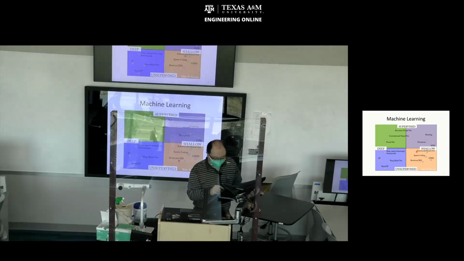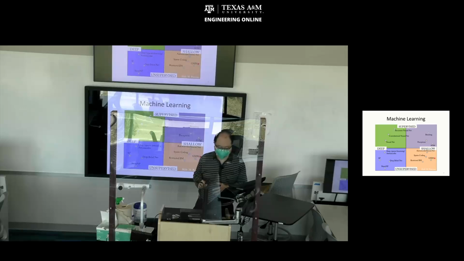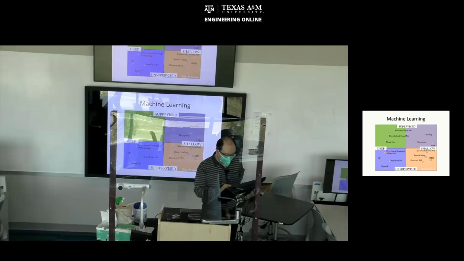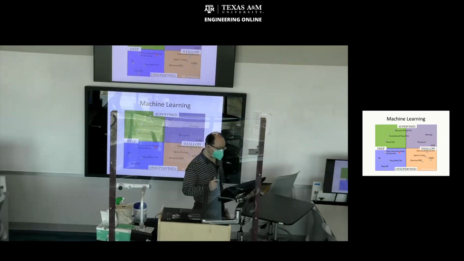Or the shallow autoencoders, or the Gaussian mixture modeling, right? So those are shallow, unsupervised models that you might have learned. The deep ones include deep autoencoders or GAN, right? This will be learned at the end about the generative models, right? Deep belief networks or Bayes neural networks and so on.